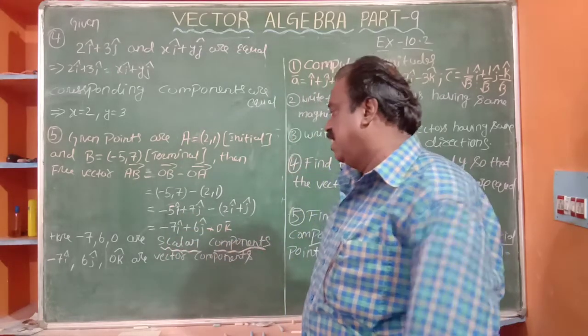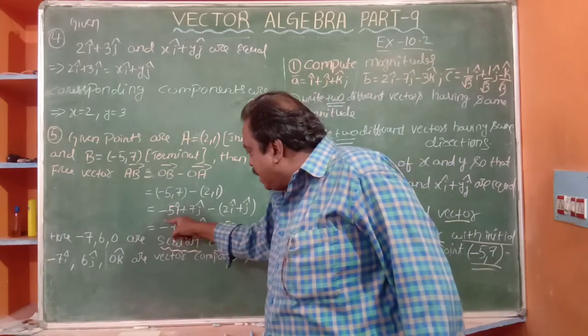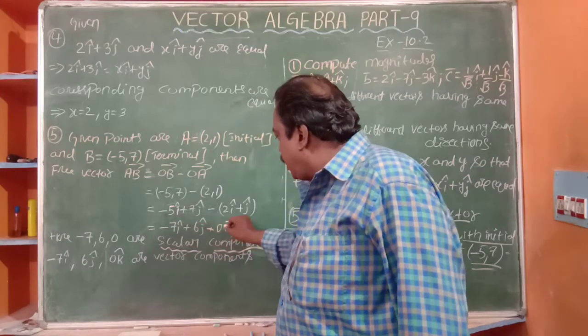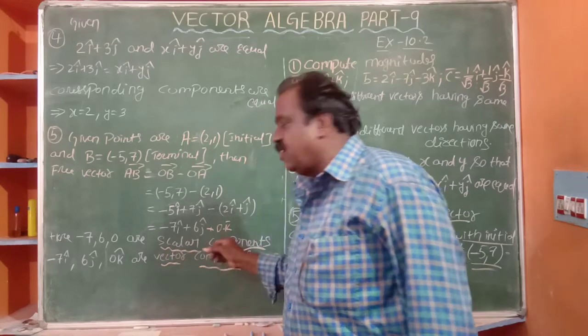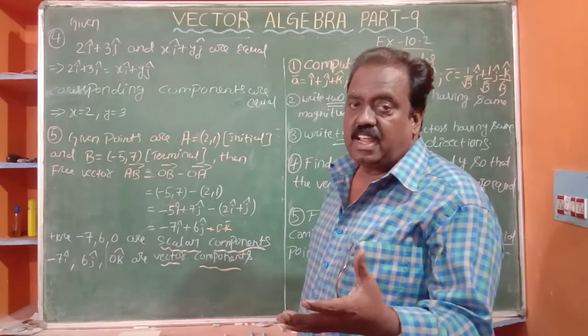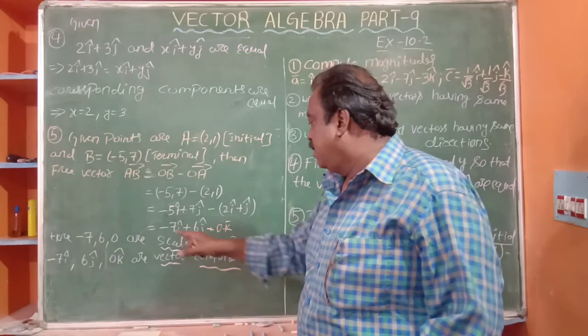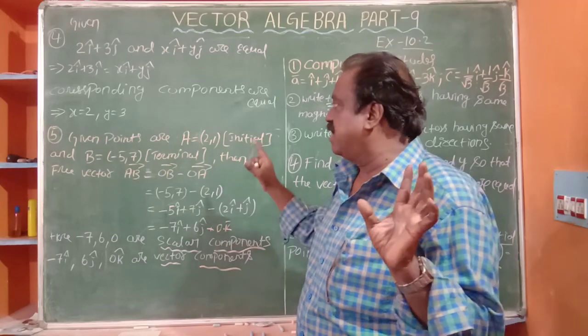And the vector components are the coefficients with the unit vectors, that is, 3i, 6j, 0k. For the scalar components, if you add i cap, j cap, k cap, then it will become the vector components. Okay? Is it clear?